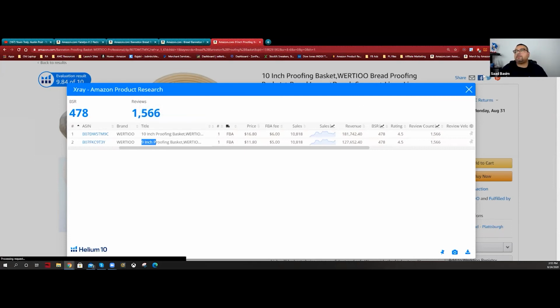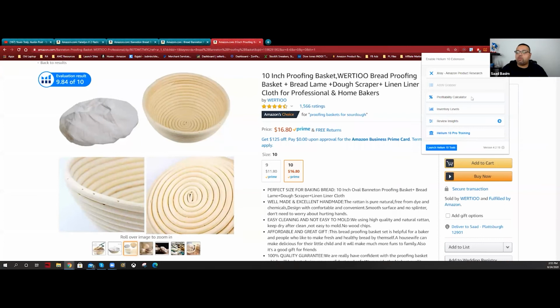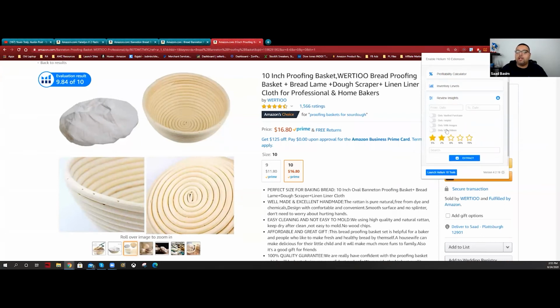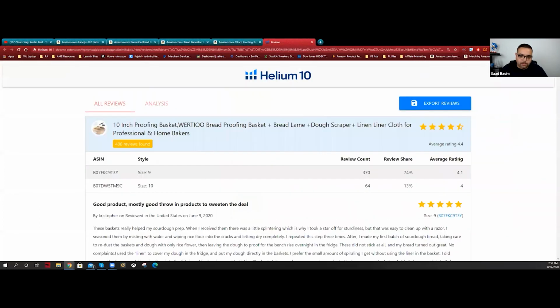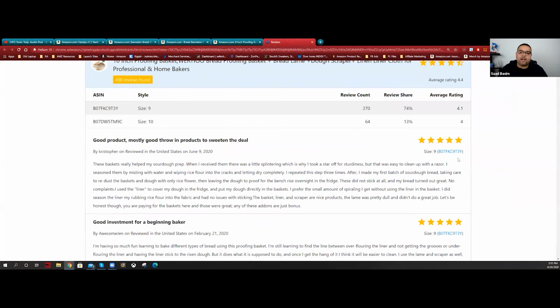But if I go ahead and run my Review Insight, where I select all of them and extract, this is where you're going to find your game point. You get the ASIN, the other ASIN, the size, and the review counts.